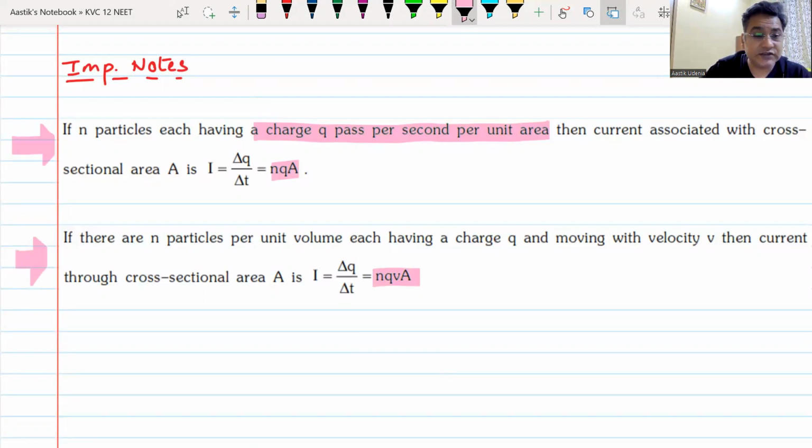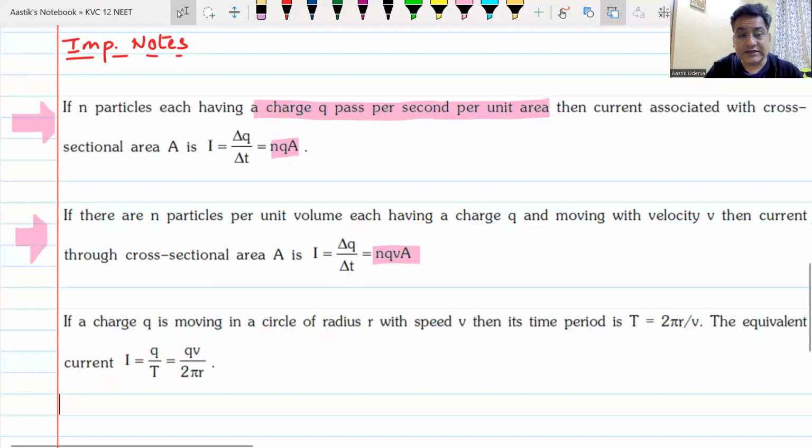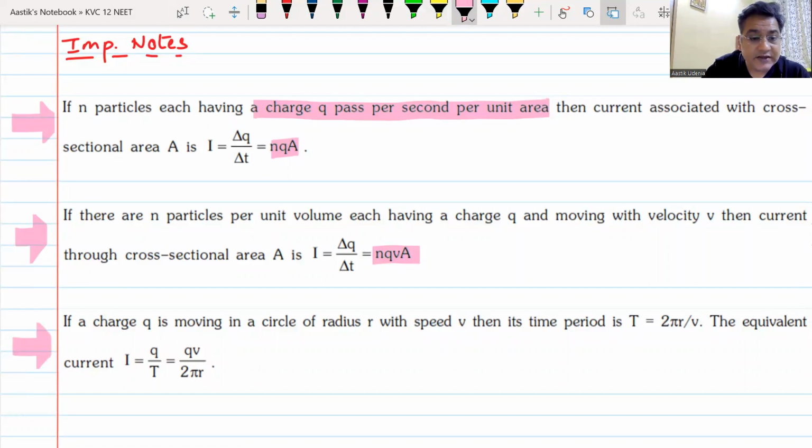Sometimes the charge may be flowing in a circle. If the charge is in a circle, then this is the formula. Remember this, I have seen this question come a lot of times. So these are the three important points that you must remember about finding out the current that is flowing in a conductor.